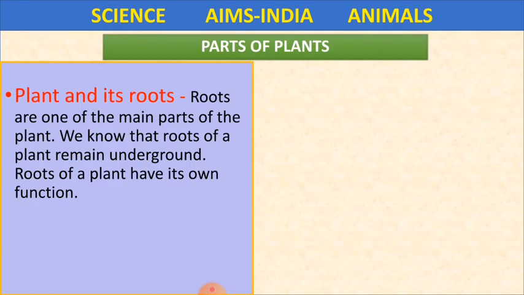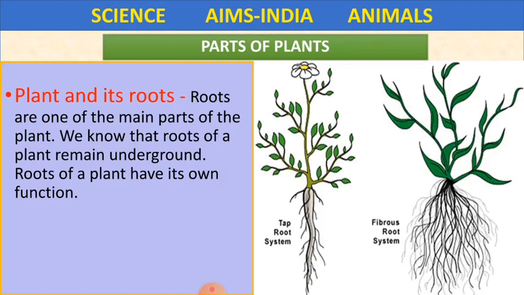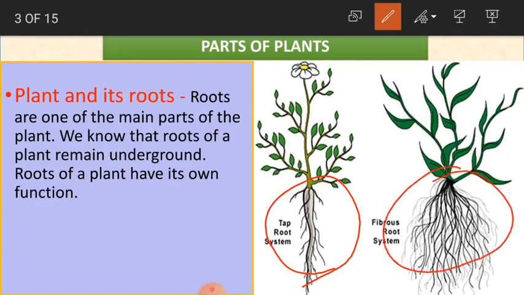Now, plants and their roots. I hope everybody knows about roots. At least you have seen the roots of a plant. See here in the picture, it is given very clearly how the roots are. Plants have roots, and these roots are one of the main parts of the plant.